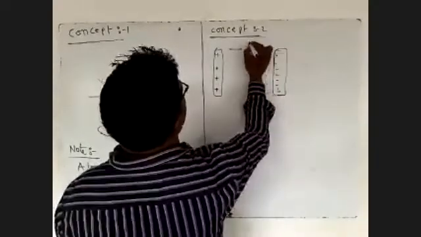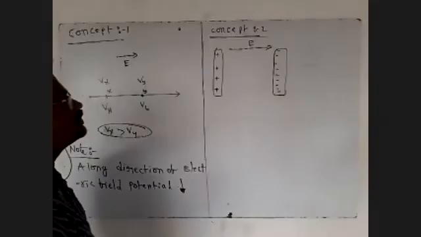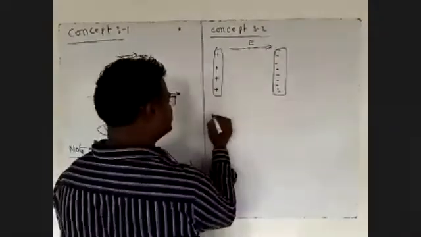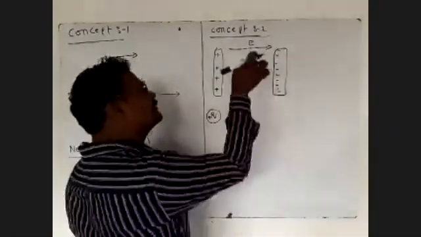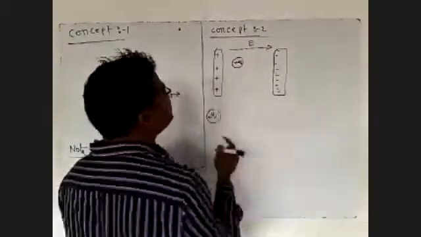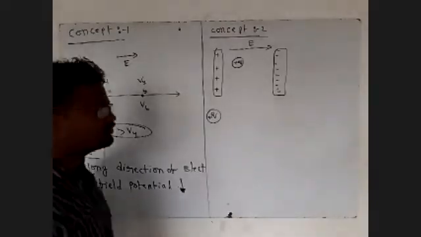The direction of electric field is from positive to negative. So this is the direction of electric field. Suppose a positive charge is placed inside the field, in a uniform electric field.